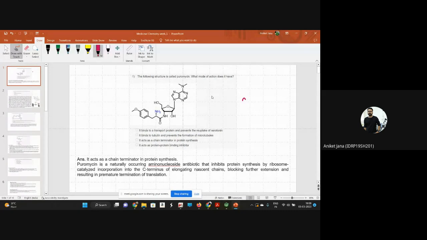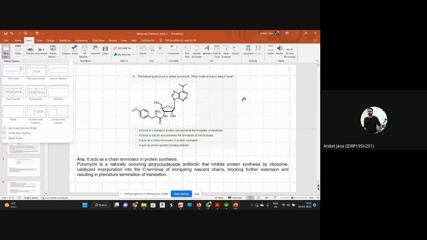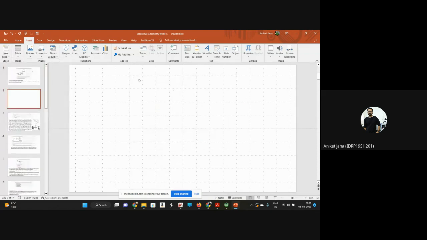So basically it is the formation of RNA. And what is translation? Synthesis of protein from messenger RNA. Exactly, synthesis of protein. So in our case, we are targeting this translation process. Okay, so let's see how it works.